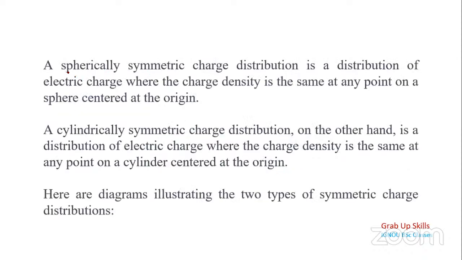A spherically symmetric charge distribution is a distribution of electric charge where the charge density is the same at any point on the sphere, centered at the origin. A cylindrically symmetric charge distribution, on the other hand, is a distribution of electric charge where the charge density is the same at any point on the cylinder centered at the origin.